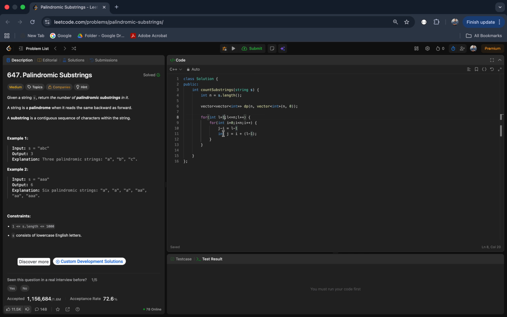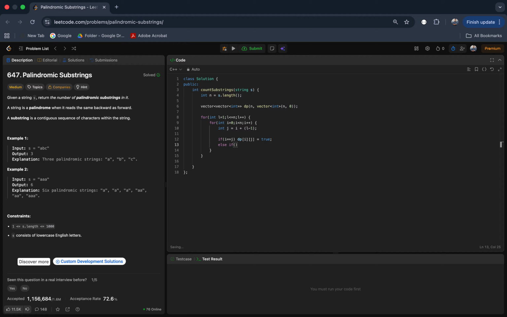So it should be j equals L plus i, okay, this is correct. L plus i we are doing, and minus 1 we are doing for the index matching, so that as we are taking L equals 1, we have proper indexing. And then whenever I have i equals j, my dp of i j would be true only.